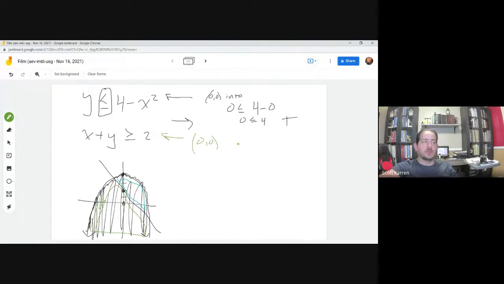Into that inequality, I have 0 plus 0 is greater than or equal to 2, but that's false. And so it's not down here where 0, 0 was, it's the other area. And so my solution is indeed the upper part up here. And that is the solution space, right?